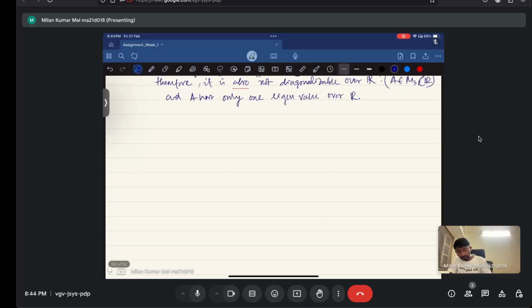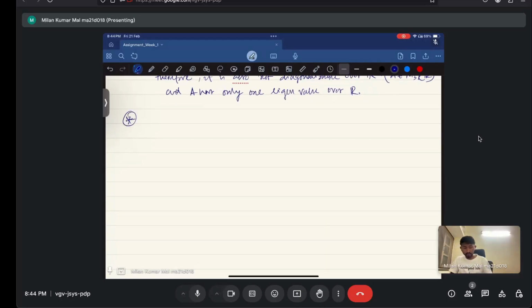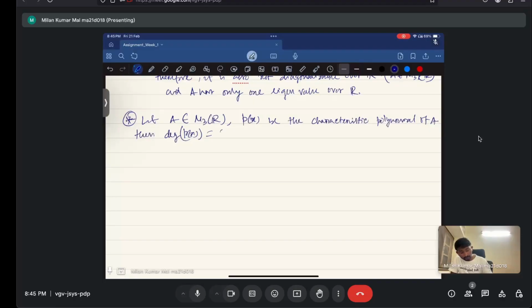Okay, now let's consider the pictures. Let A be a matrix and let P(x) be the characteristic polynomial of A. Then the degree of P(x) is equal to 3.